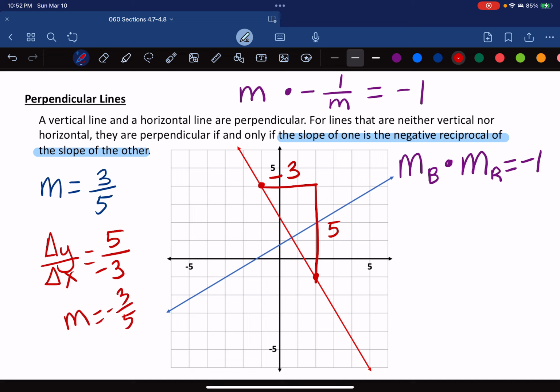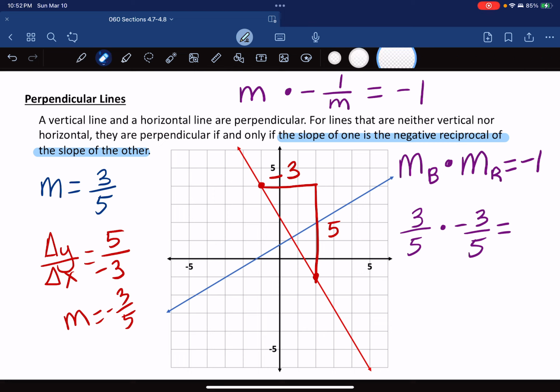So I'm going to multiply the slope of my blue line times the slope of my red line. And I did not write that properly. Let's try that again. The slope of my blue line, that wasn't what was written wrong.